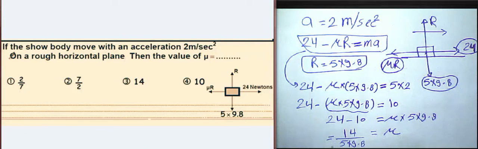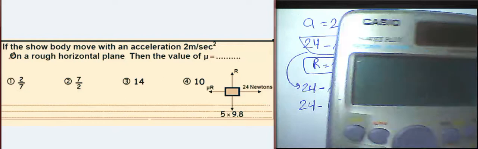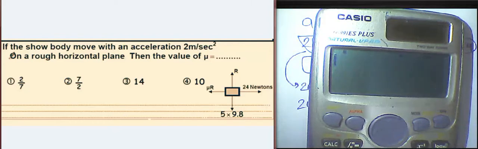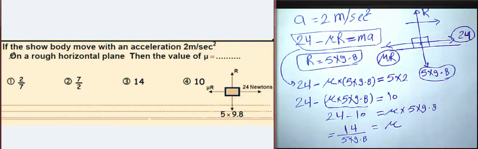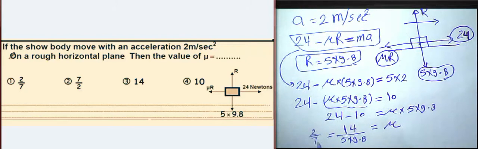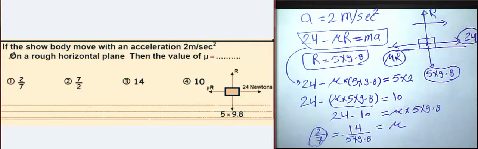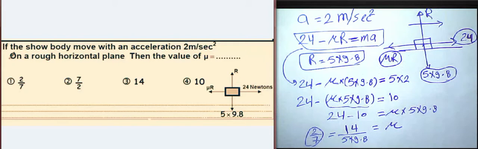Then we can find mu by using a calculator. We write 14 over 5 multiplied by 9.8. Then the result will be 2 over 7. Mu will be 2 over 7, a constant. Okay, it's clear. Another question.